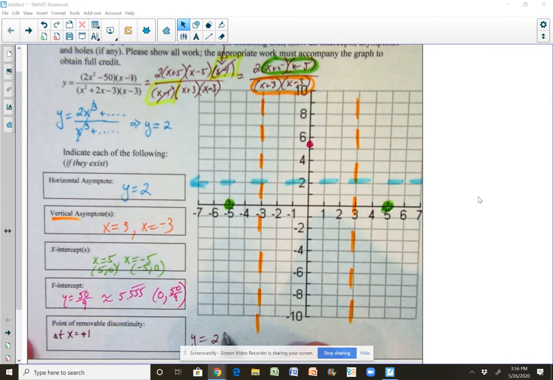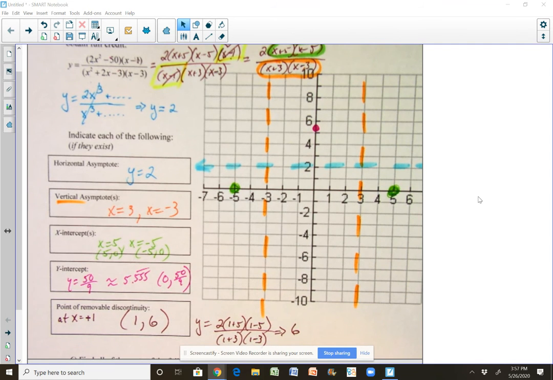So it's going to be 2 times, we're going to plug in a 1 plus 5 times 1 minus 5 over 1 plus 3 times 1 minus 3. And you'll notice, when you work that out, that comes out to be a y value of 6. So we have a removable discontinuity, a hole, at (1, 6).